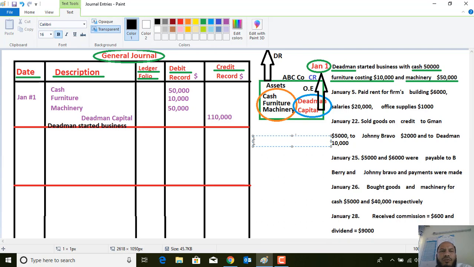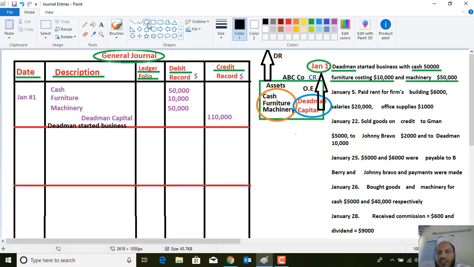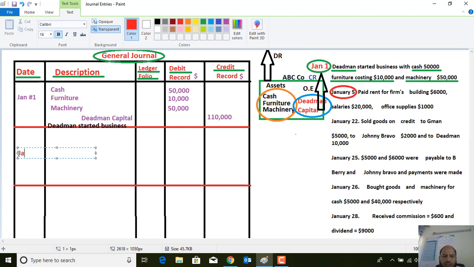Now dear students, we will record the second transaction of this business. So let's record the second transaction. The second transaction was held on January 5. So what we will do is write down January 5 at the date column.